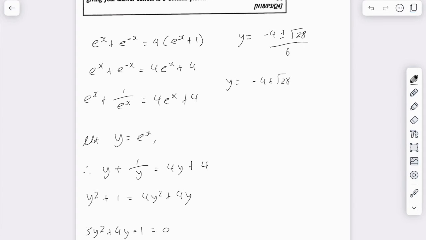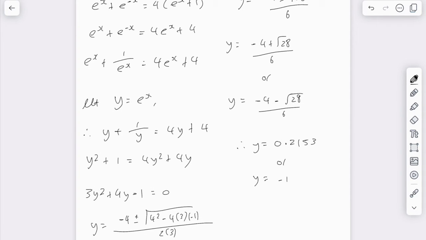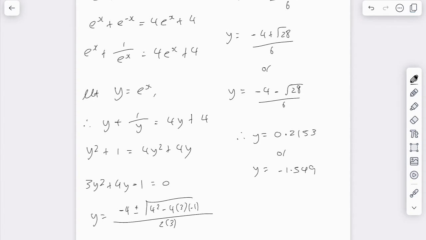So y equals minus 4 plus root 28 over 6, or y is equal to minus 4 minus root 28 over 6, which therefore means that y is going to equal 0.2153, or y is equal to negative 1.549.